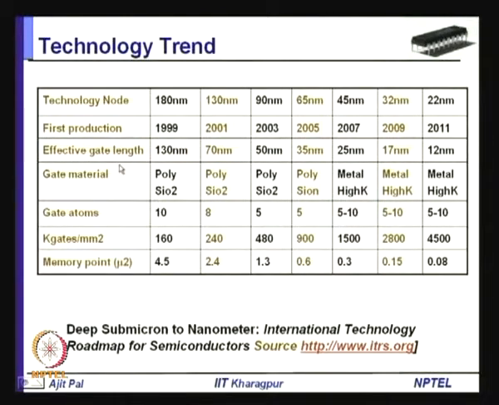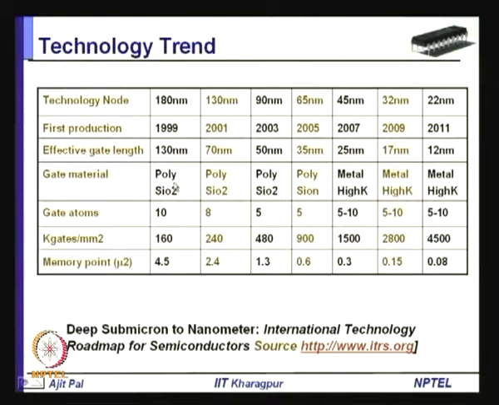Now, as we are growing from one technology generation to another, there is a change in the gate material. As you can see, traditionally polysilicon and silicon dioxide are used. On top of silicon dioxide, polysilicon is deposited to form the gate, and that continued till 65 nanometer.